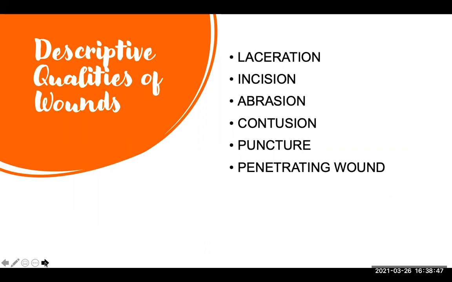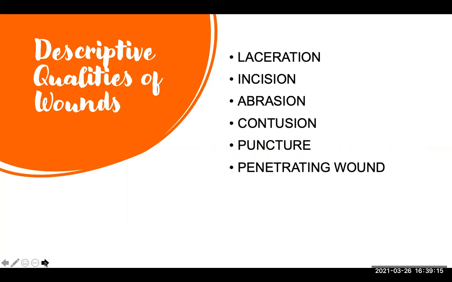Incisions are cuts open in the skin made with sharp instruments like a knife or scalpel. They can be deep or shallow. Sometimes they're purposeful and sometimes they're accidental. Abrasions, or scrapings, are unintentional, usually involving the dermal layer of the skin.